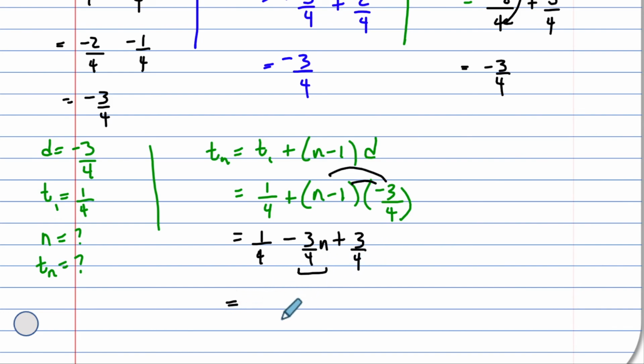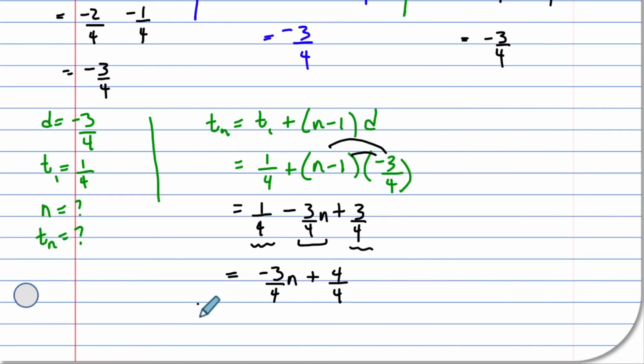Now we'll put the n first, so negative 3/4 n, and then we'll add 1/4 plus 3/4 is 4/4. Therefore, the general formula would be -3/4 n plus 1.